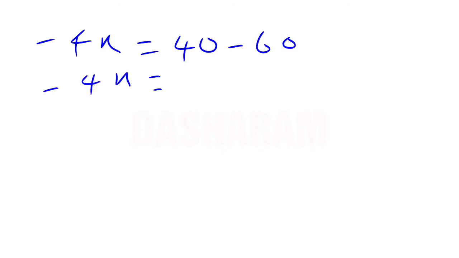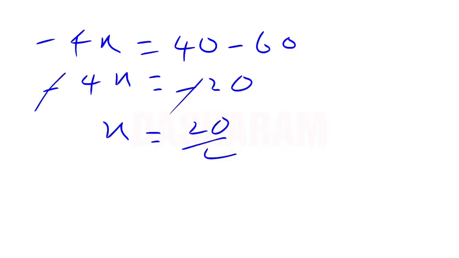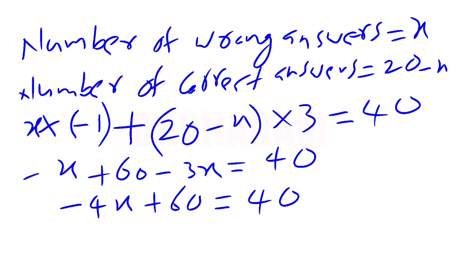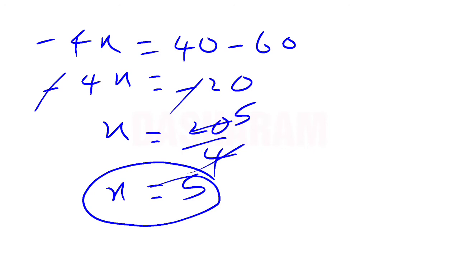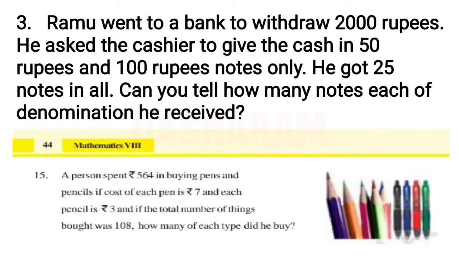So minus 4x equals 40 minus 60, which is minus 20. Minus, minus cancel on both sides of the equal symbol. So 20 by 4, x equals 5. So x is nothing but the number of wrong answers. So total 5 wrong answers.